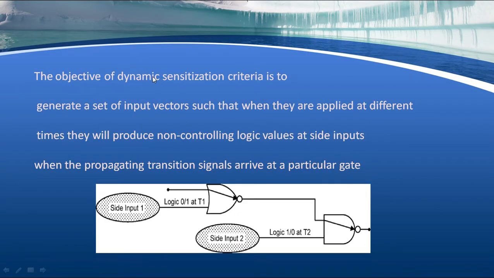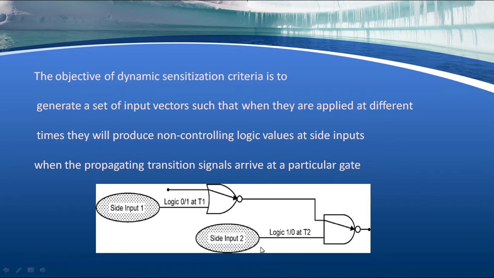The objective of dynamic sensitization criteria is to generate a set of input vectors such that when they are applied at different times, they will produce non-controlling logic values at side inputs when the transition signal propagates through a particular gate. See, this is a side input at logic 0 to 1 at time t1, and this is logic 1 to 0 at time t2.